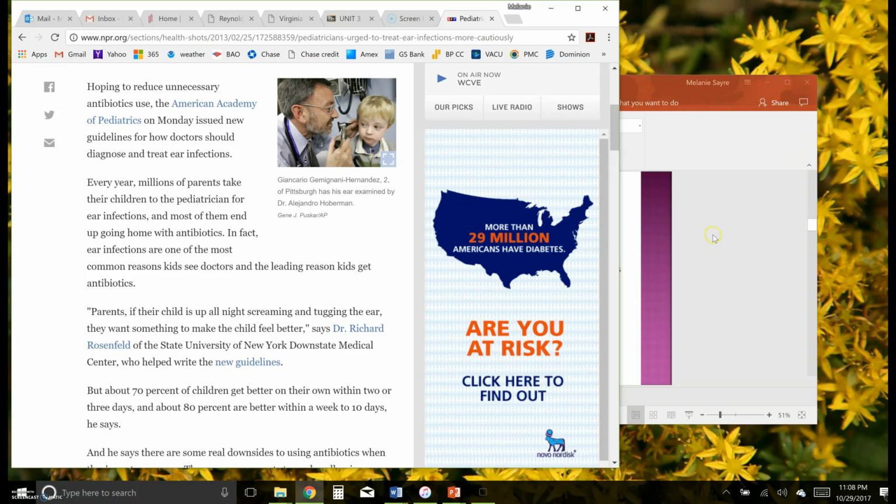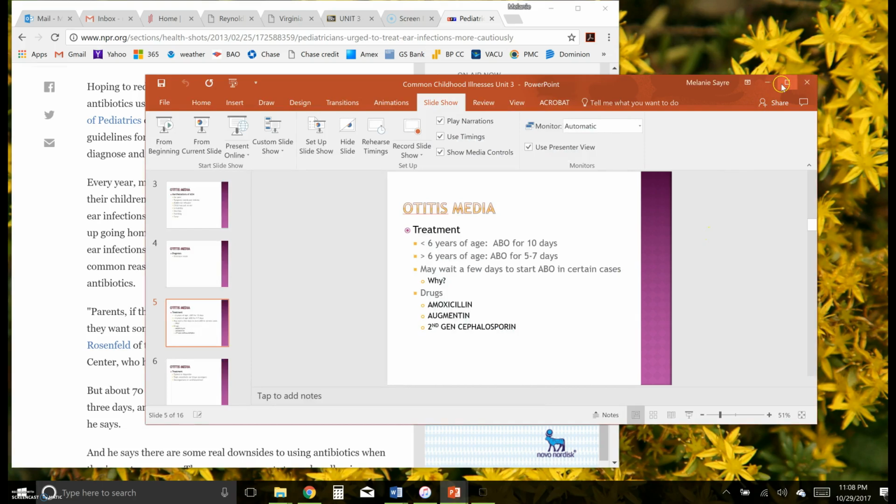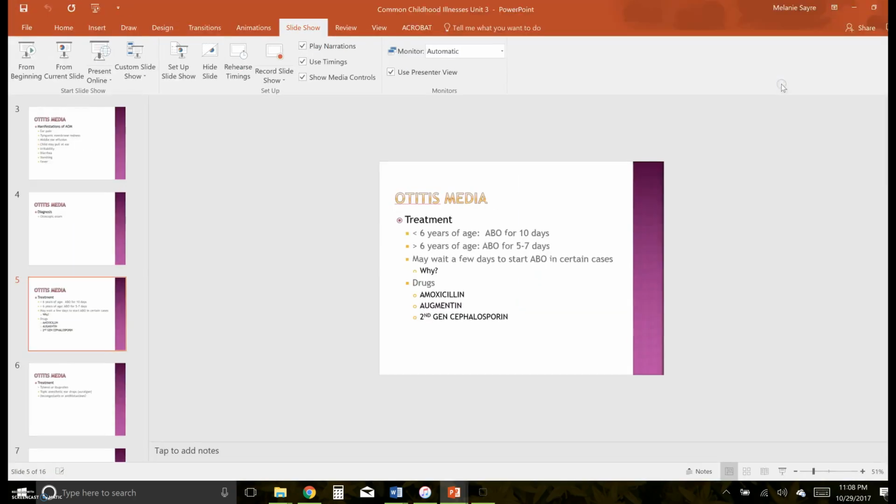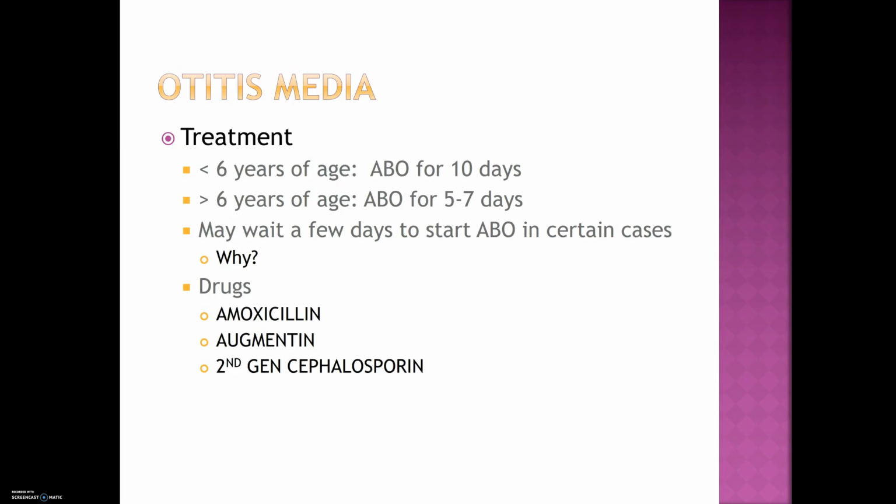So, as a parent, if you can deal with treating the fever and you can deal with them waking up in the middle of the night, then you may prevent them from being on an antibiotic. And so we're creating these super bugs, but also, there are issues with antibiotics for children.